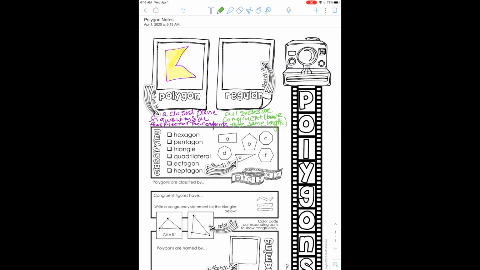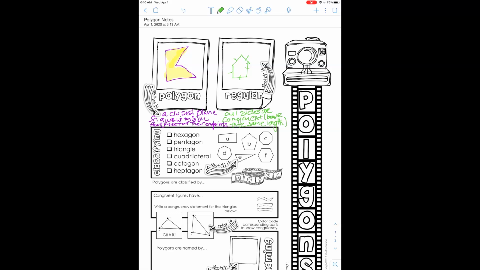So an example of a regular polygon: all have the same length and side. They're congruent. These little lines on the sides of the shape show that they are congruent.